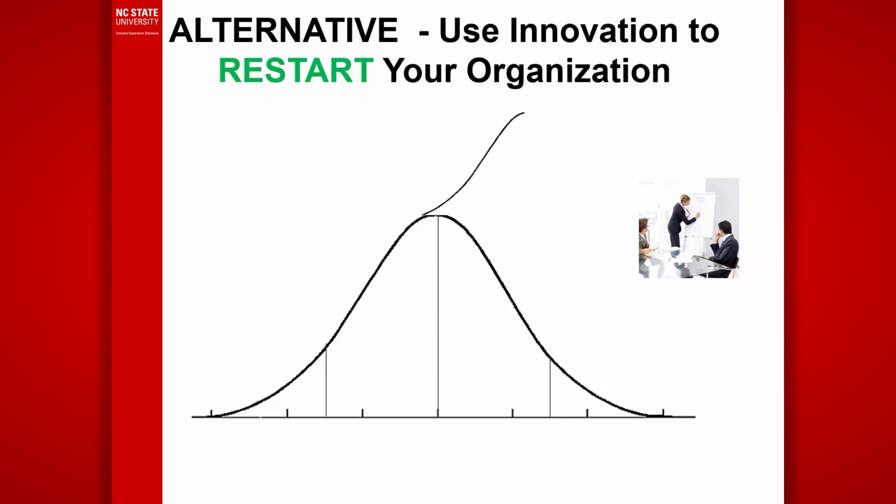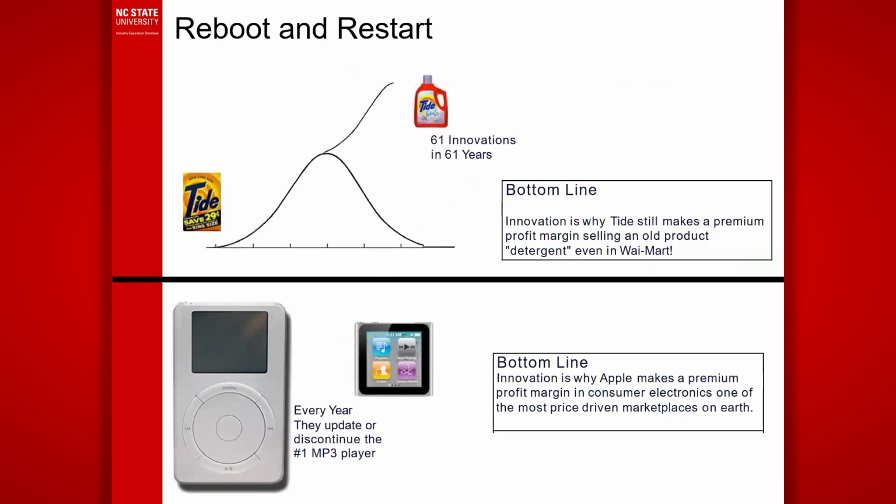But Apple starts another iPhone really when their current model is still doing well in the market. I think they just released one in the last few days, and it has new features on it. So Apple is an example of a company that likes to start another curve on the left side of the curve.